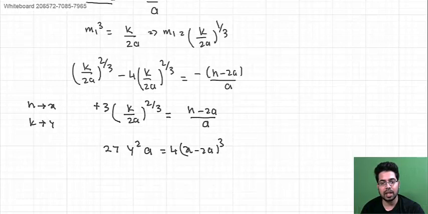Finally a cube over a square gives a over here.